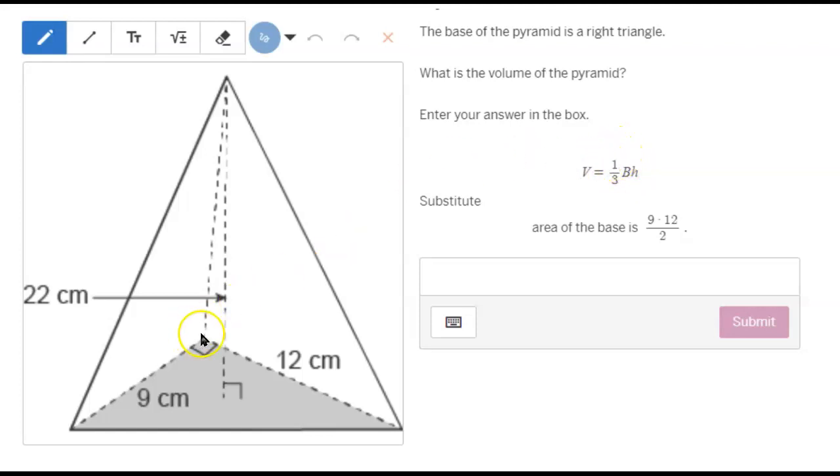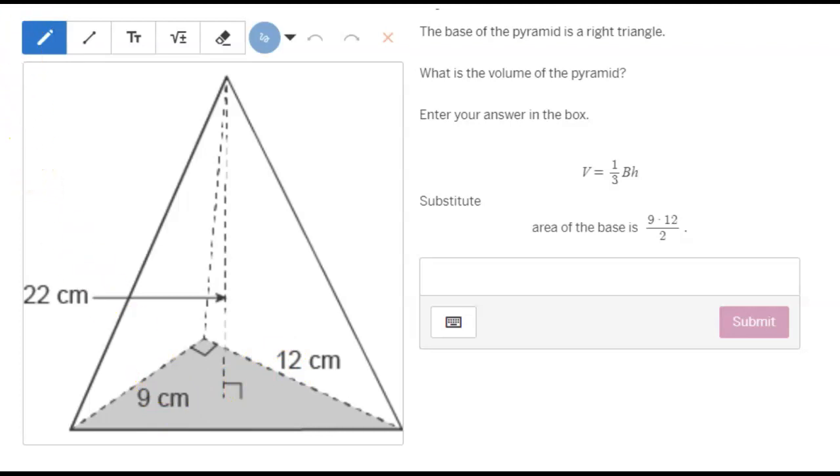We know that the area of the triangle is half base times height. So looking at this, we see that the base of this triangle is 9 and the height of this triangle is 12. So we're going to take 9 times 12 and divide it by 2.